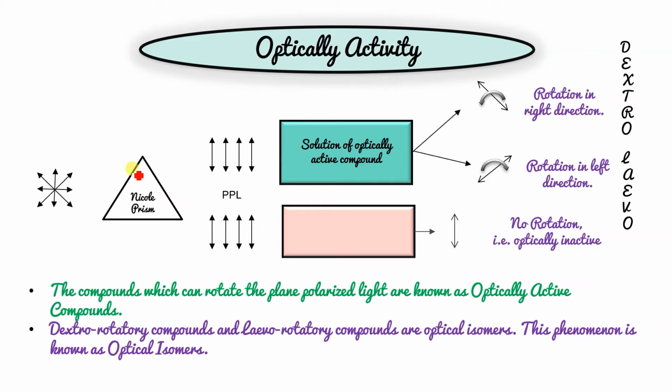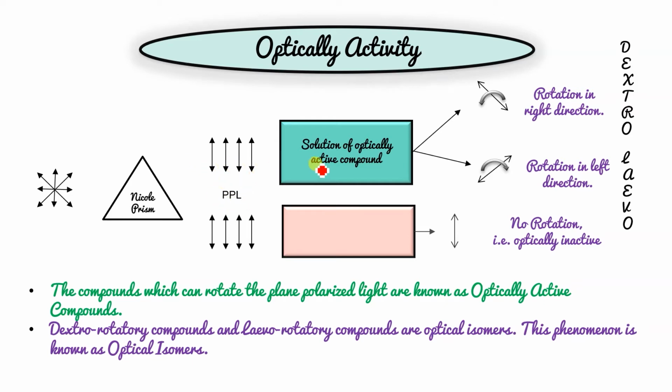When it is passed through the Nicol prism, it becomes monochromatic, that means it will move in one direction only. Whenever it is passed through any optically active compound, it rotates this PPL, plane polarized light. So when light moves through a Nicol prism, it converts into monochromatic light, and that is PPL.